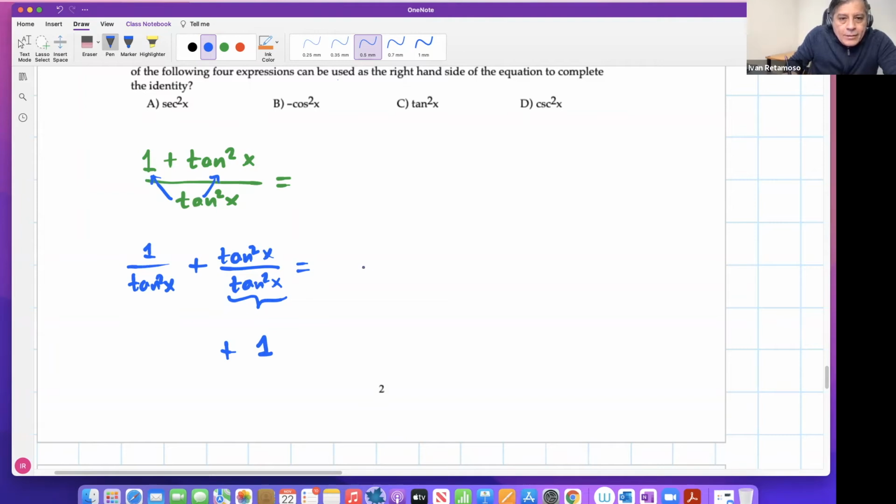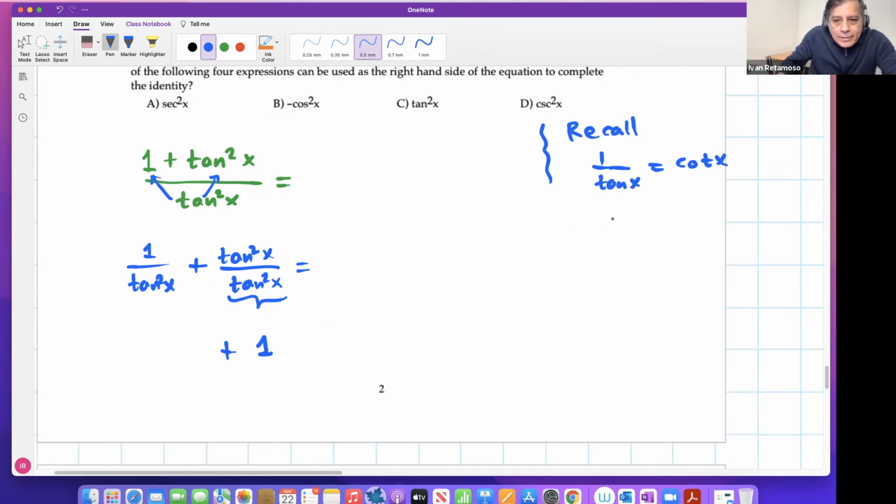Well, recall 1 over tangent from our reciprocal identities is right here on the side. Recall, 1 over tangent of x gives us cotangent of x, right? This guy is a square.